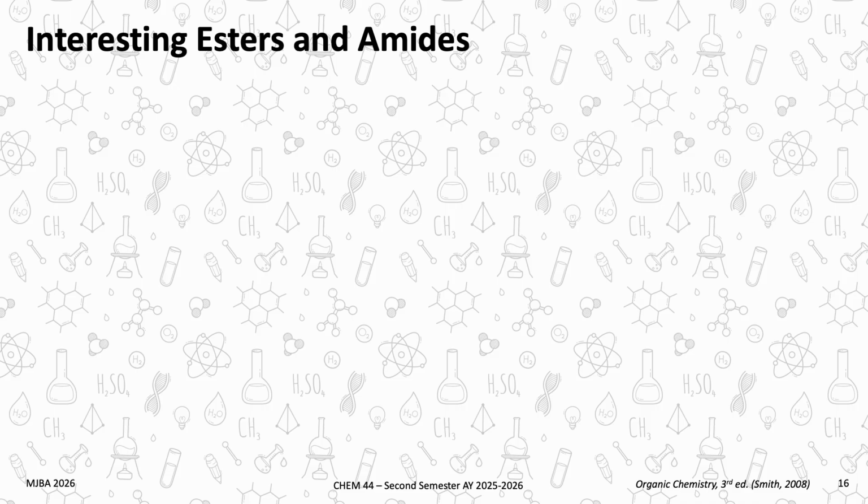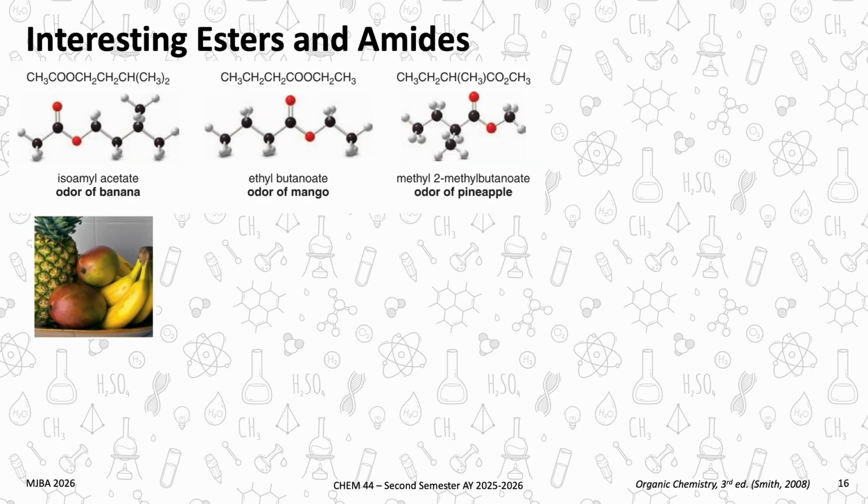Now, some interesting esters and amides, particularly those that are naturally occurring. Of those carboxylic acid derivatives, these are the ones that mostly resemble naturally occurring substances. Esters are very well known for having very pleasant odors.